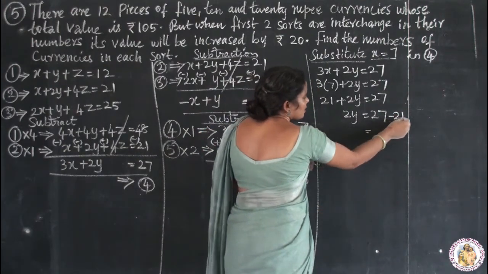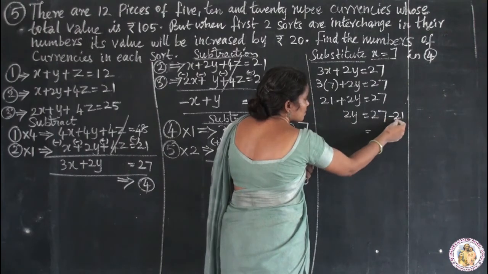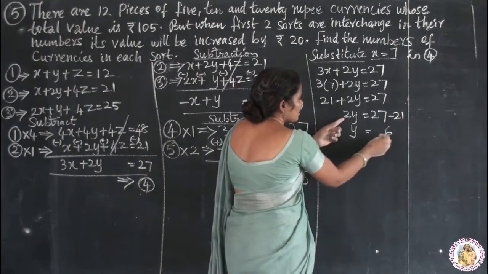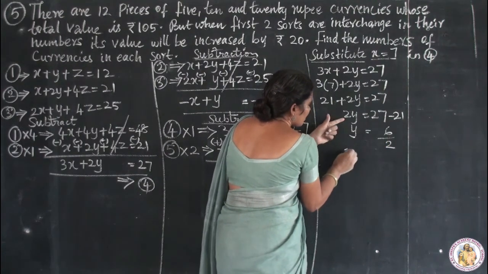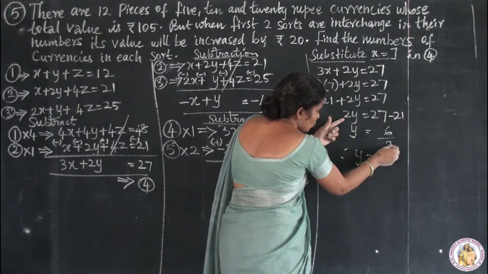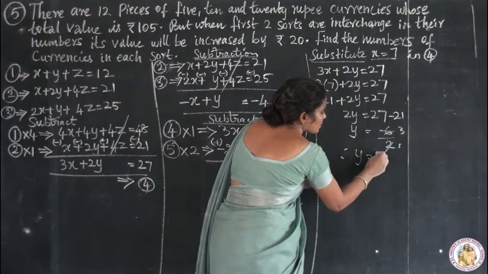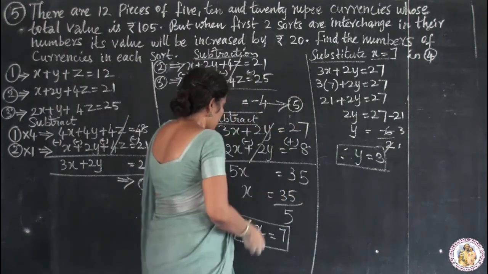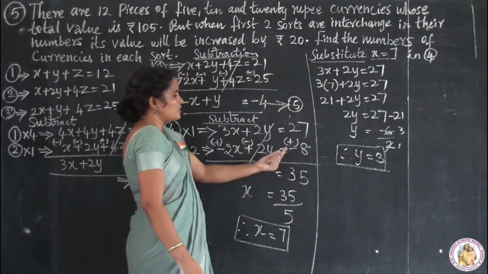So subtract 7 minus 1 6. So 27 minus 21 is 6. Now y divide with 2. Therefore y is equal to 2 1s are 2, 2 3s are 6. y is equal to 3. So x is equal to 7 and y is equal to 3.